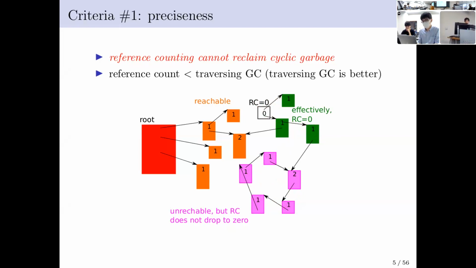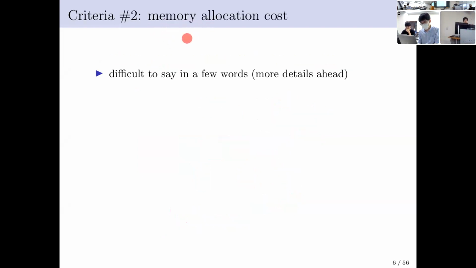None of these objects has a reference count of 0, so they are not going to be reclaimed by reference counting. This is a crucial disadvantage of reference counting. So in terms of preciseness, the kinds of garbage that can be collected, reference counting has a drawback.